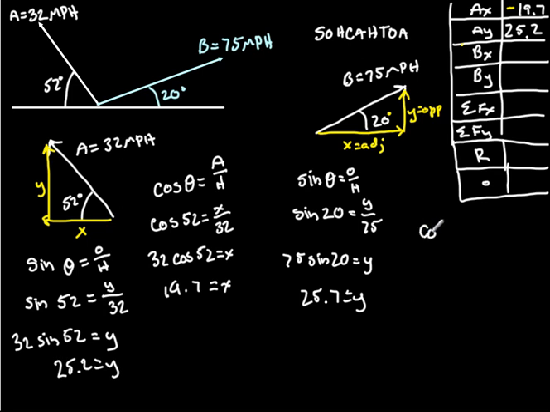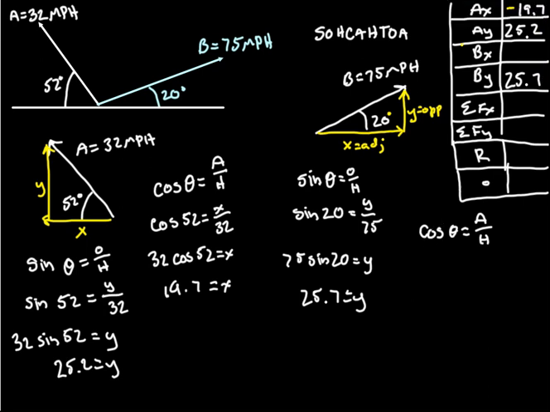I'm doing a little bit of rounding, but just for the video. Cosine is adjacent over hypotenuse. Let's go back and put this in here. This is vector B in the y direction.